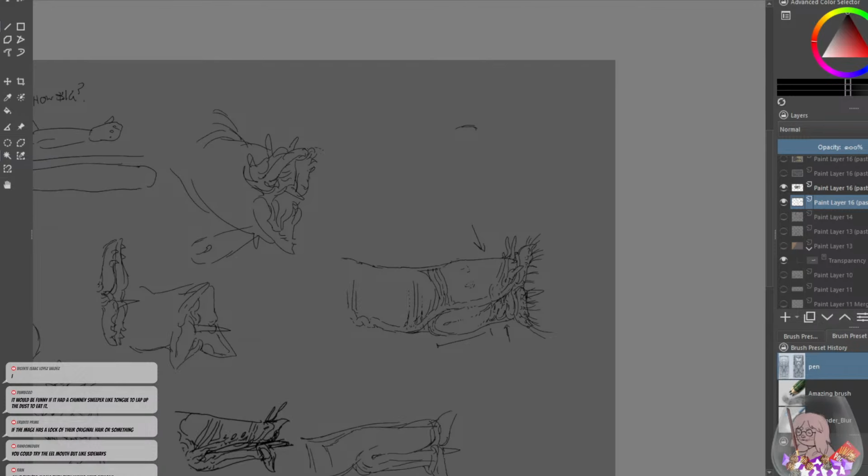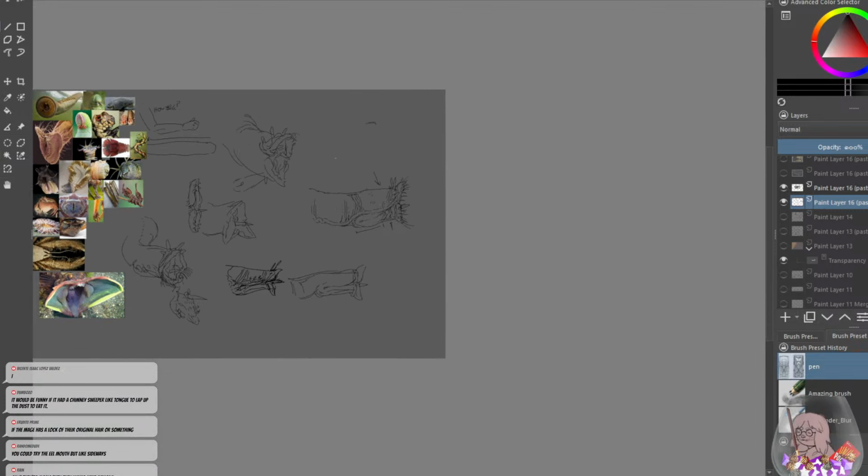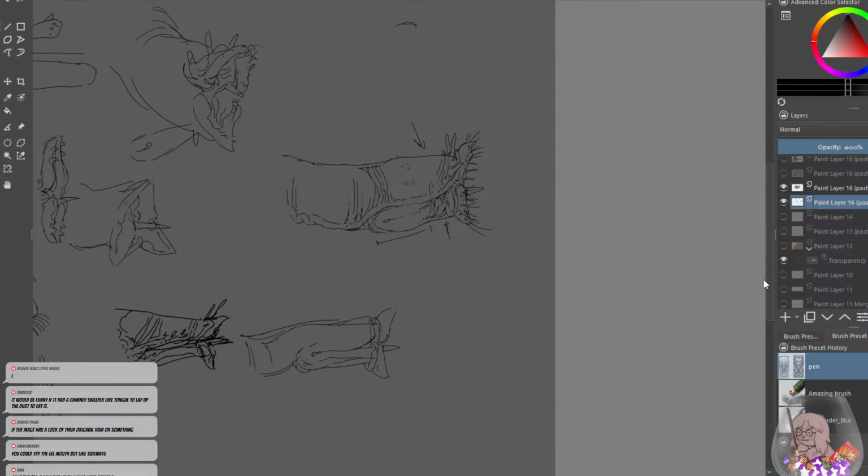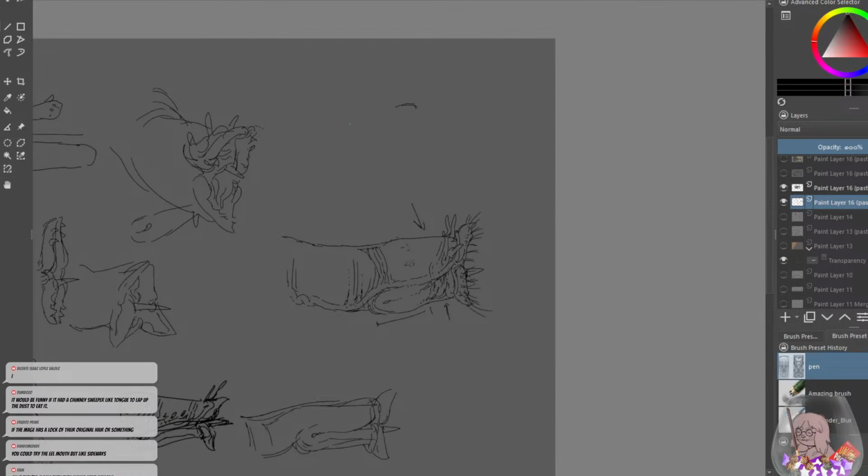Chimney kind of funny too. I also have to consider what it looks like when its mouth is closed. I haven't thought about that at all. Maybe the loose skin around here sort of hoods the mouth.